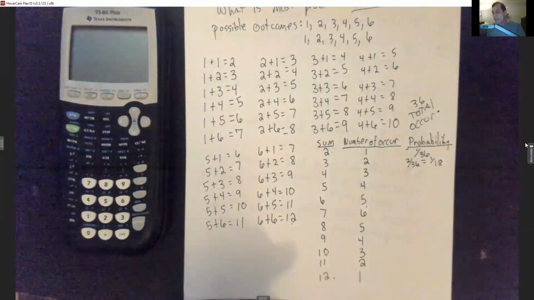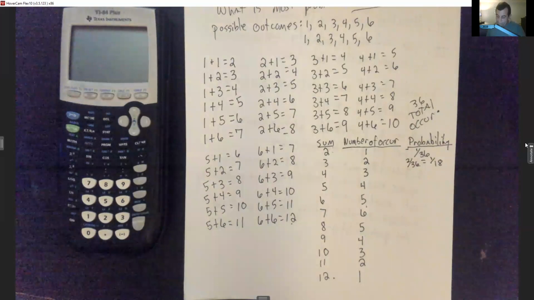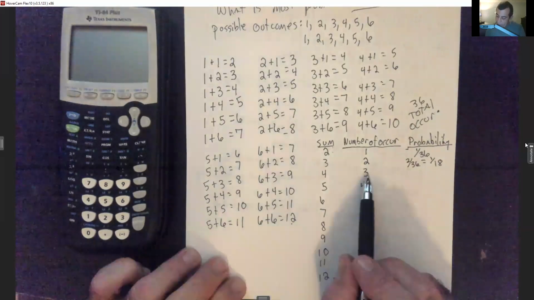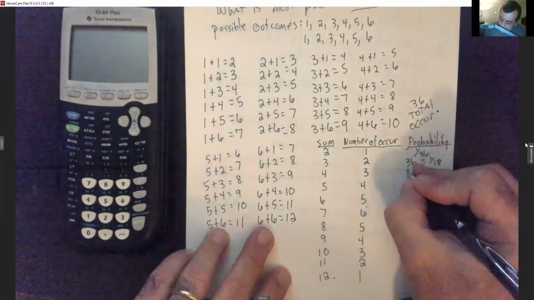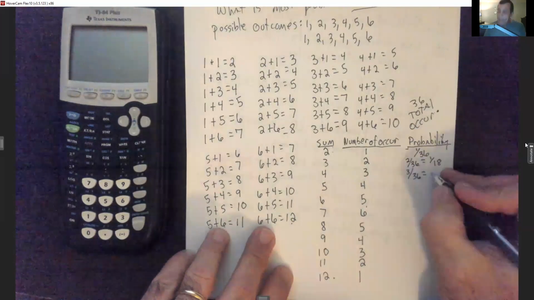So that means if I rolled 2 dice 18 times, I'm probably going to get a sum of 2 one time out of those 18. Okay, the sum of 3 is going to happen 3 times. So 3 out of 36, that'll also reduce to 1 out of 12.